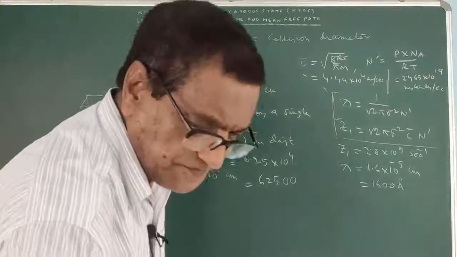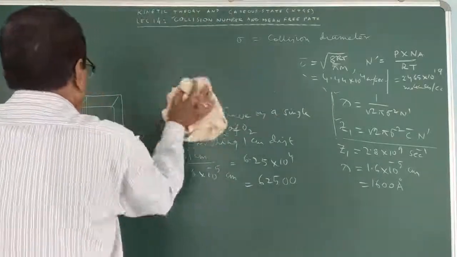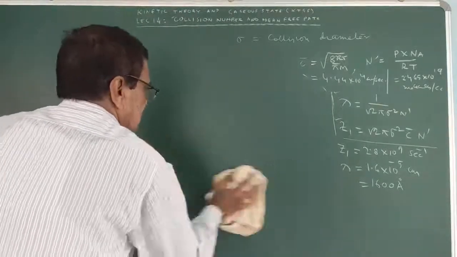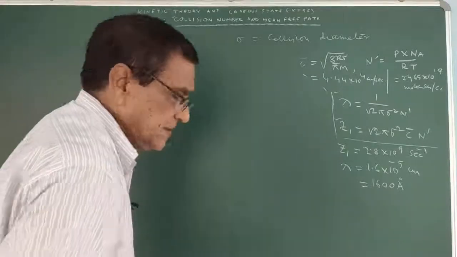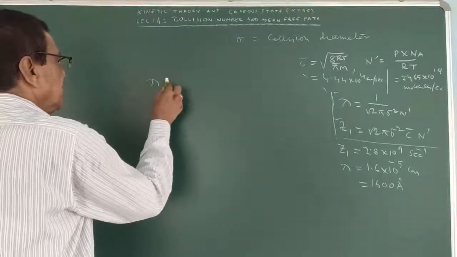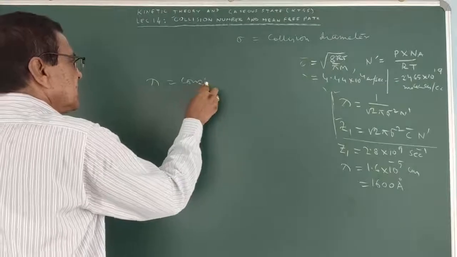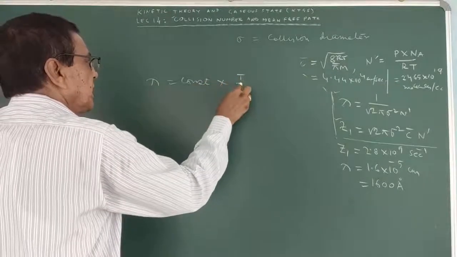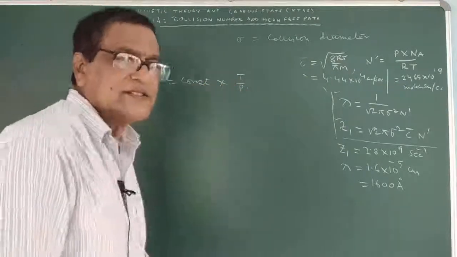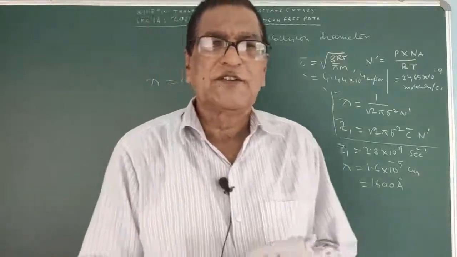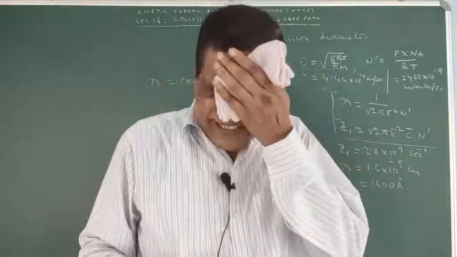And next, I have shown you in my last class that lambda is equal to a constant into T by P. With the rise in temperature at constant pressure, lambda will increase.